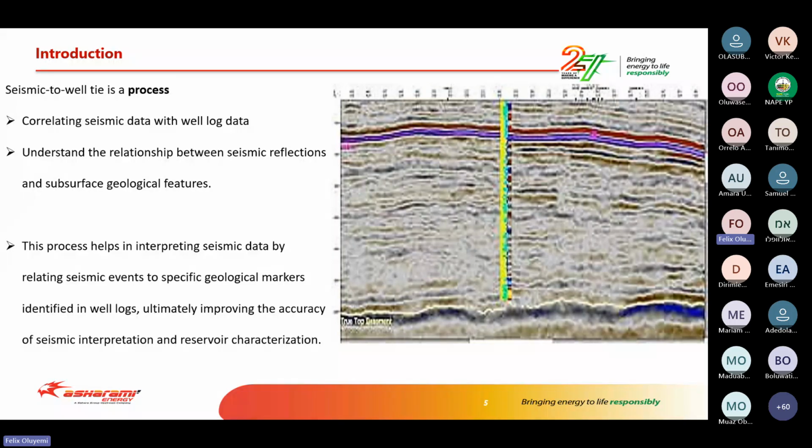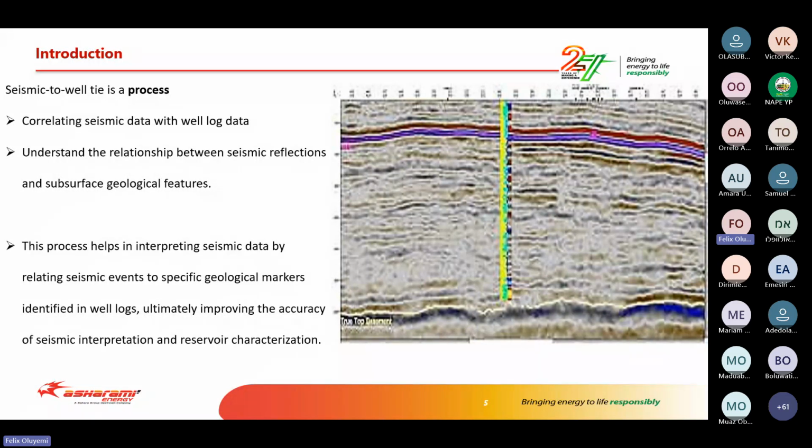What is seismic-to-well tie? One, it's a process. What do you do in that process? One, you combine your seismic and your well log data. So you have data from seismic, you have data from log. You want to combine the two to improve your seismic and subsurface interpretation and analysis. Then it helps you to understand the relation between your seismic reflection and subsurface geological features.